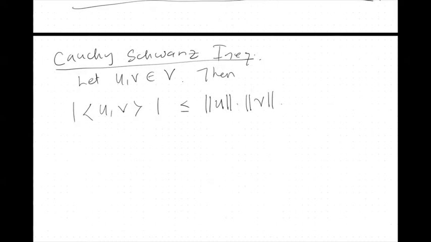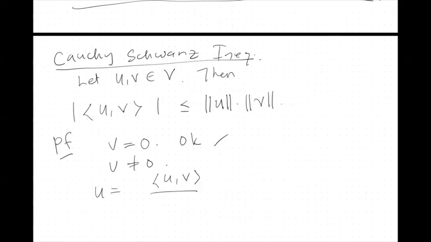So let us quickly prove this. If V is 0, this is trivial. If V is not 0, then take U to be equal to the following. You can do this because V is non-zero.